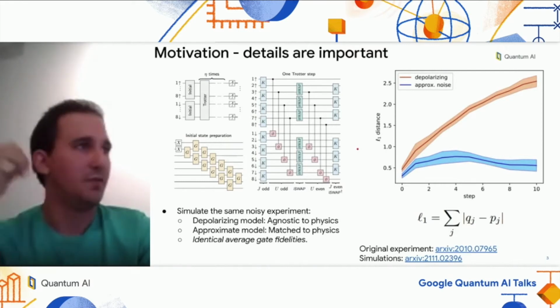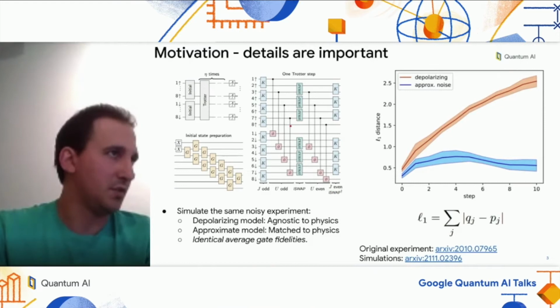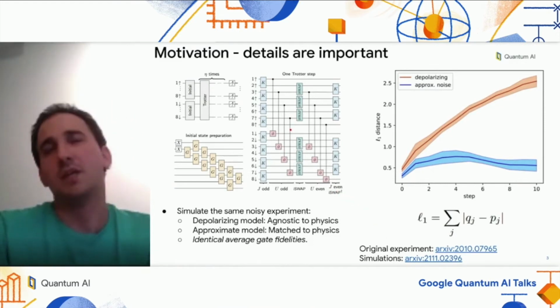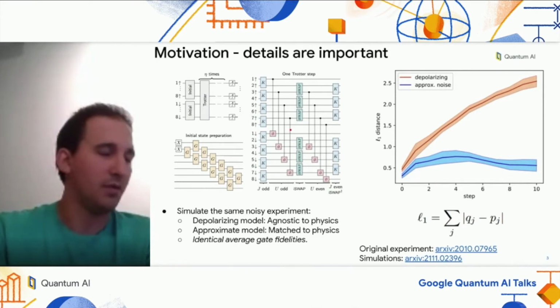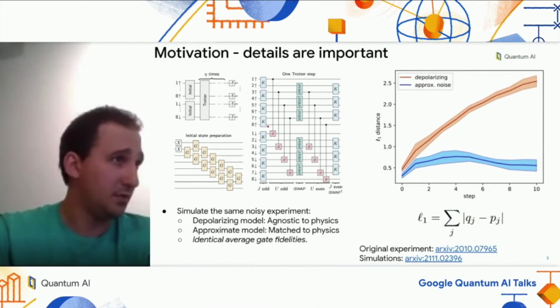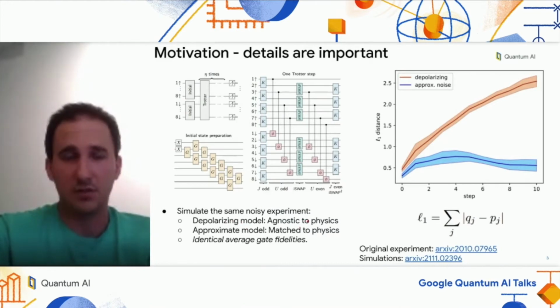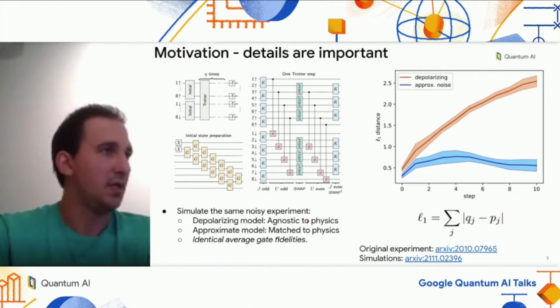An example of this is a simulation we conducted of a previous experiment from this publication, which itself was a quantum simulation of the Fermi-Hubbard model with four interacting fermions. We simulated the actual experiment using a depolarizing channel model, which is more or less agnostic to the physics of the errors in our gates.